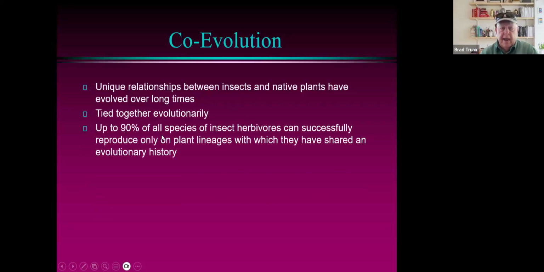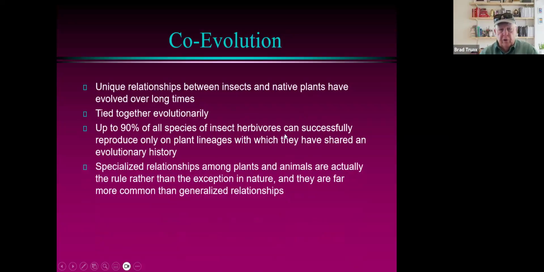In fact, up to 90% of all species of insect herbivores can successfully reproduce only on plant lineages with which they shared an evolutionary history. And specialized relationships between plants and animals are actually the rule rather than the exception in nature. So they're far more common than generalized relationships.